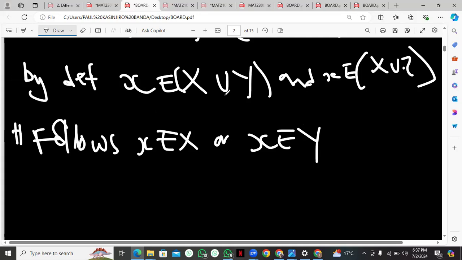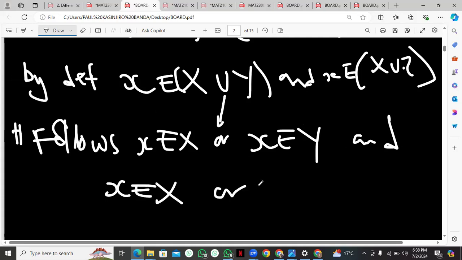Y, okay? So this union has turned to an OR. Okay, and then we say, and even here we do the same. We have our X, which will be a member of the set X, or the X will be a member of what? Okay, will be a member of the set Z. So that is what we get there.